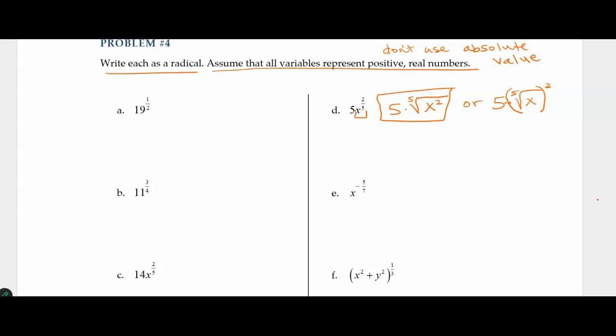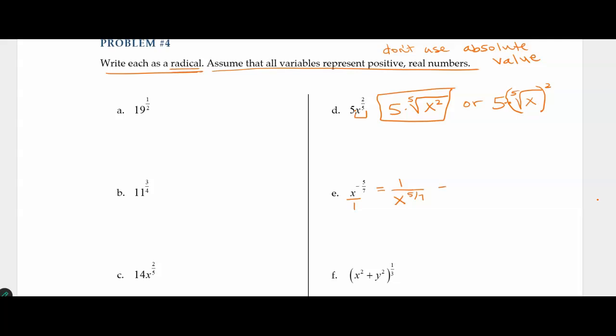Okay, on this one, again, we've got to change that negative exponent to a positive exponent by flipping the base. So I get 1 over x. And now it's no longer to the negative 5/7 power, it's to the positive 5/7 power. Right? But I'm not done yet because I haven't written it as a radical.